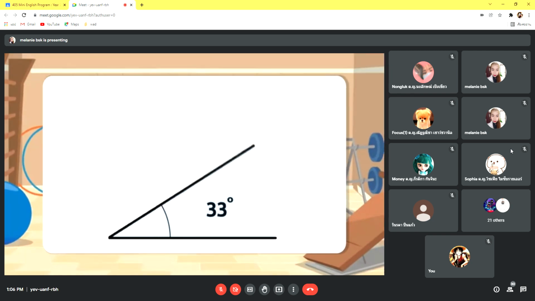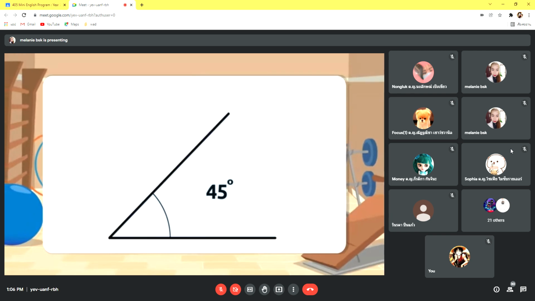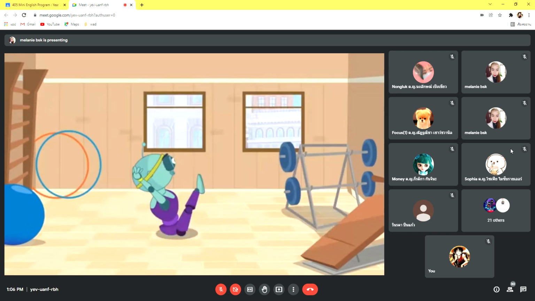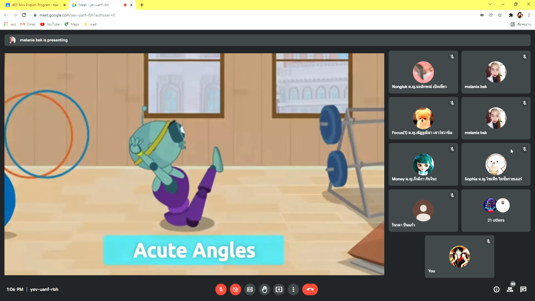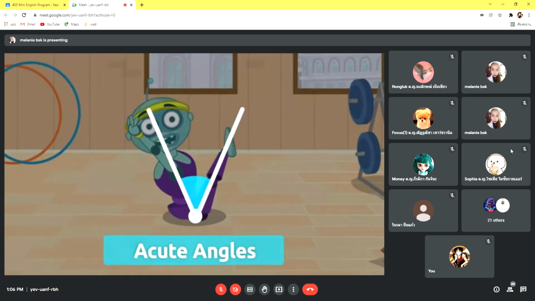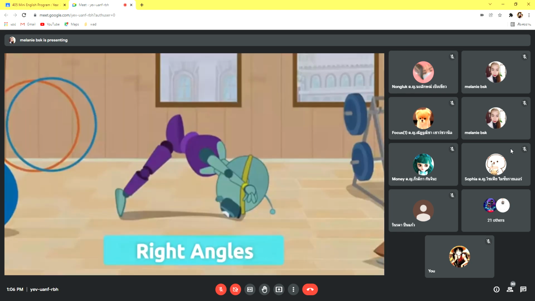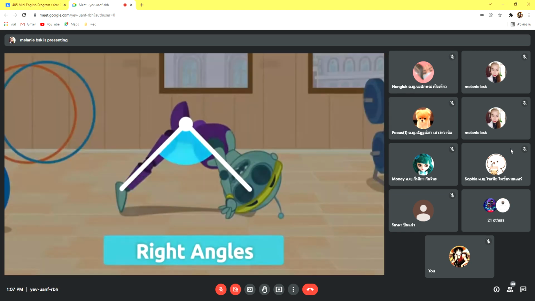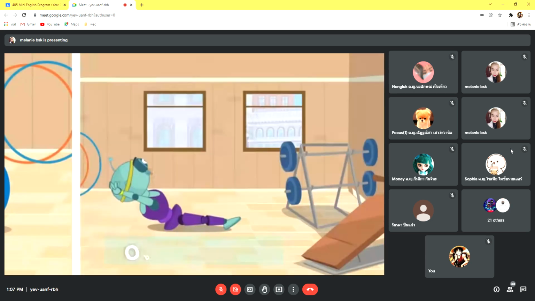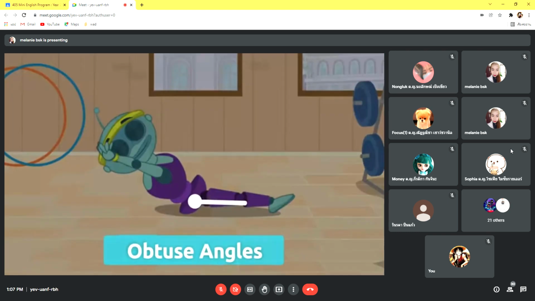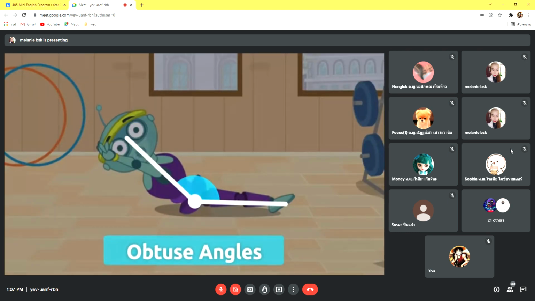Depending on the angle opening, we classify angles. Acute angles are those angles that measure less than 90 degrees. Right angles are those angles that measure 90 degrees. Obtuse angles are those angles that measure more than 90 degrees and less than 180 degrees.